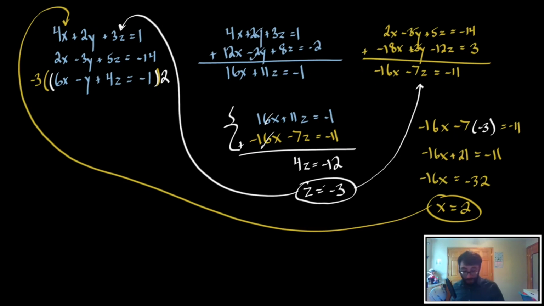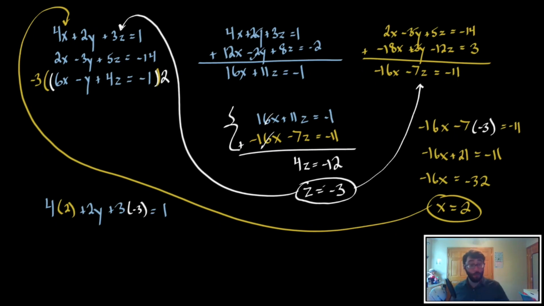So that is going to leave me with 4x, and x is 2, plus 2y. I don't know y yet. That's what I'm trying to find. Plus 3z. I have z is negative 3, is equal to 1.